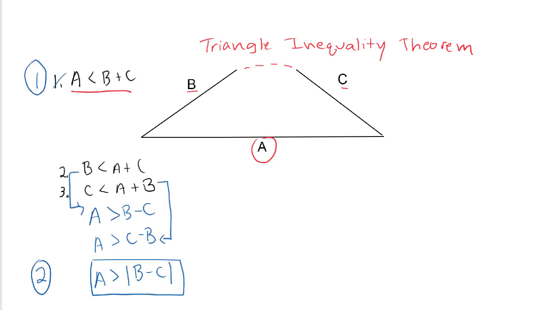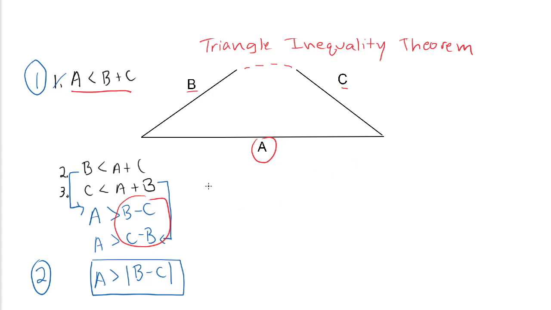We can take a step further and do the additional work in blue here to boil down the last two inequalities, recast them in terms of A. A is greater than B minus C, and A is greater than C minus B. Notice those are the same magnitude or values, but one is going to be positive and one is going to be negative, because B minus C is the opposite of C minus B. Well, that means one's negative, but guess what?